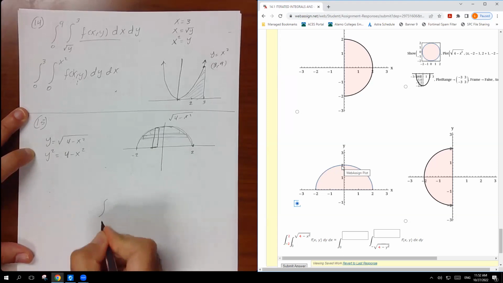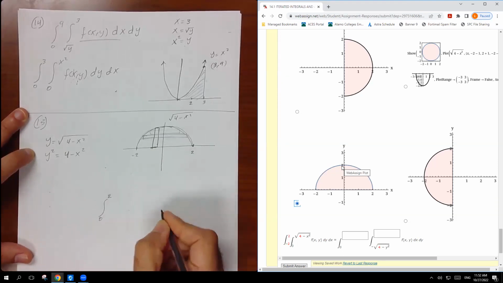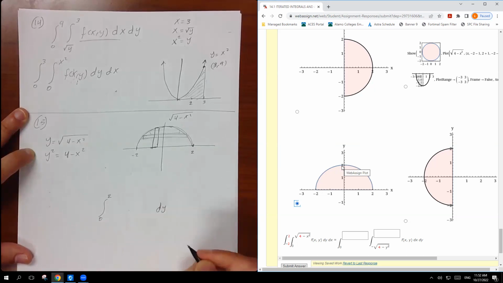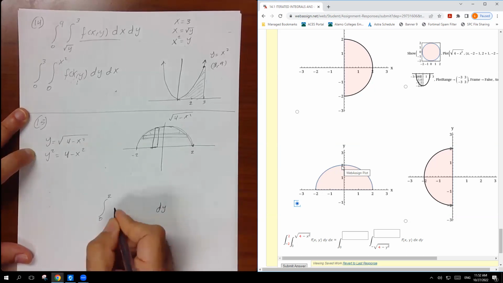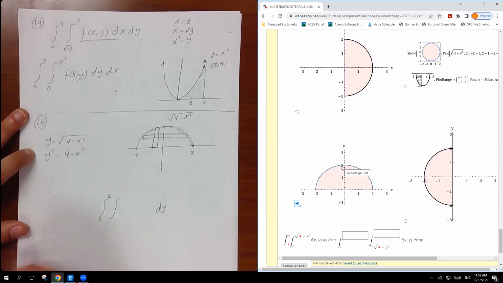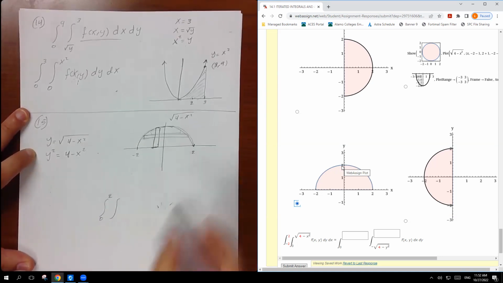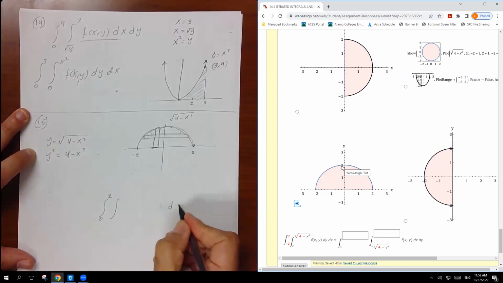So it's going to be the integral from 0 to 2 with the dy, for the x with dy. And the second integral is going to be, now we need to solve it for the x because the x is the one inside. Dx dy.